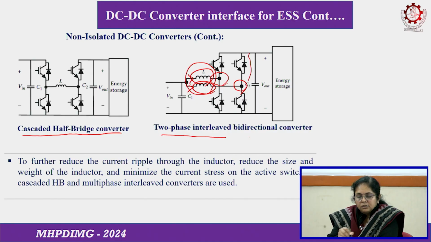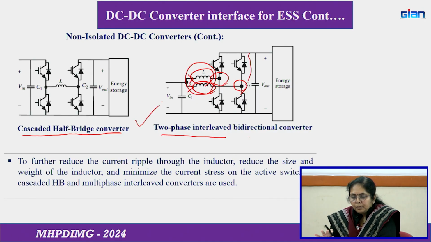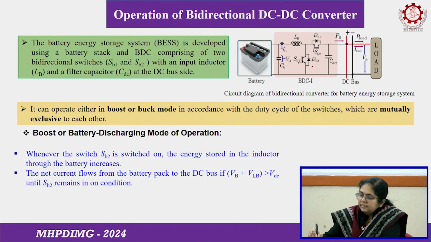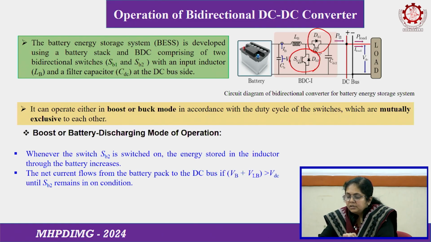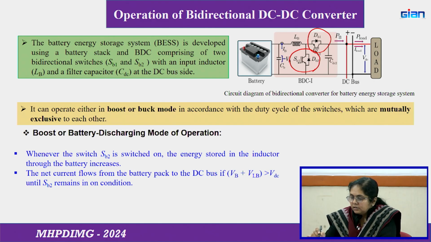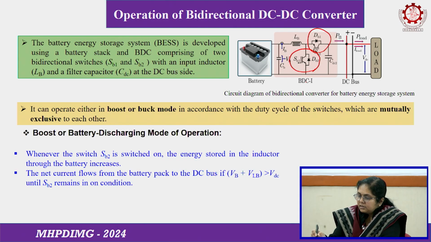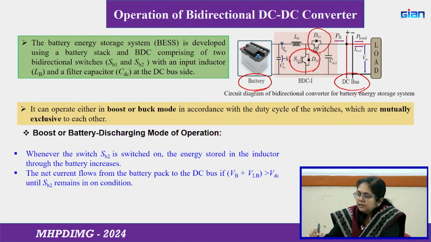I have just given you the various topologies available in literature, but now we will focus on the simplest one, the converter having a single leg, with the top switch and bottom switch. Based on that I will talk about how the bidirectional converter operates, and when the energy is stored. Here I have reversed the direction: this is the battery and this is the bus. In between we are using this bidirectional converter.